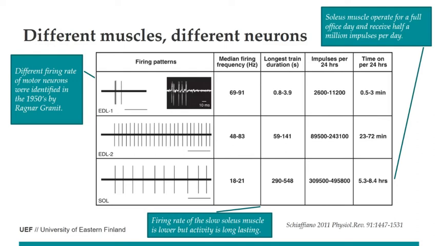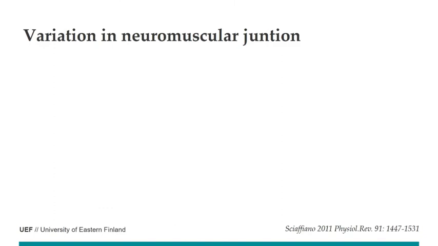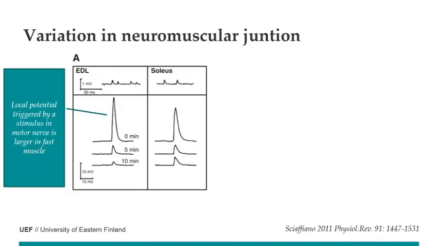Okay, there are differences in the neurons. What about then the neuromuscular junction? Okay, in this EDL neuromuscular junction, they are triggering a higher local potential versus in the soleus muscle.